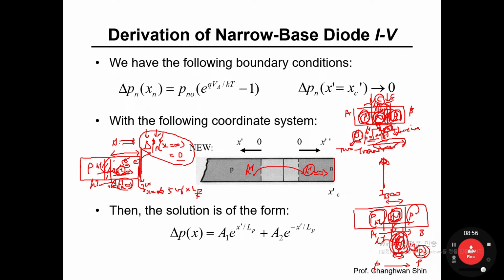However, now, when we are taking into account the PNP system, the physical length of the n side is not long enough for all the injected holes to be recombined with electrons, so delta p sub n at the opposite edge of the n side shouldn't become 0.